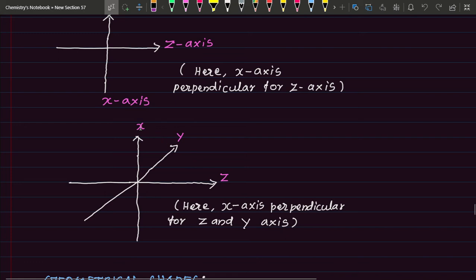Here all are perpendicular between x, y, z, because this is a spherical shape. We know atoms are spherical.